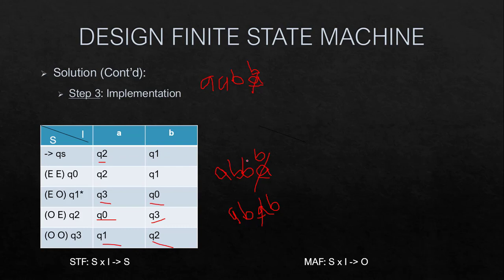I hope the logic for designing, and understanding that we have to count the number of A's and B's to be even and odd respectively, is clear. So here, even though the question contains the word 'contains', there will be no trap state.